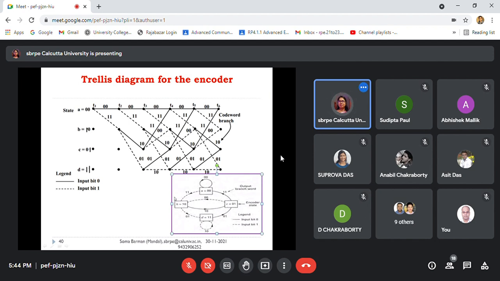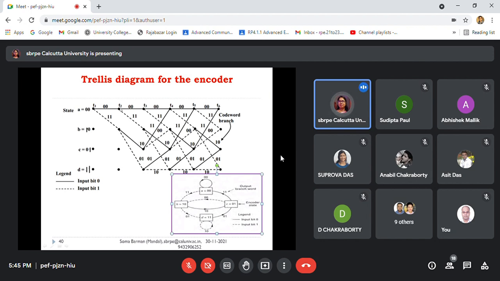If 0 is coming, it will go to state D. And if 1 is coming, it will go to state C. And this gives you the output branch.